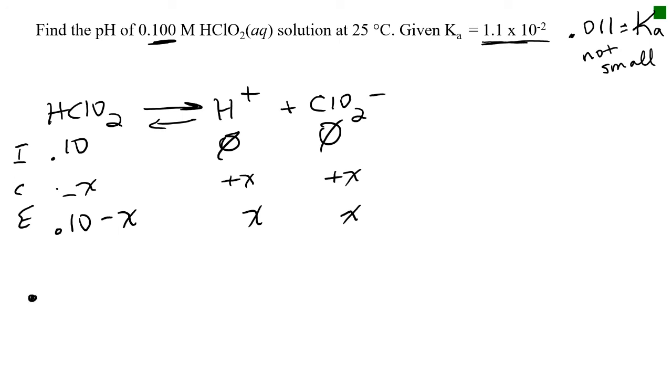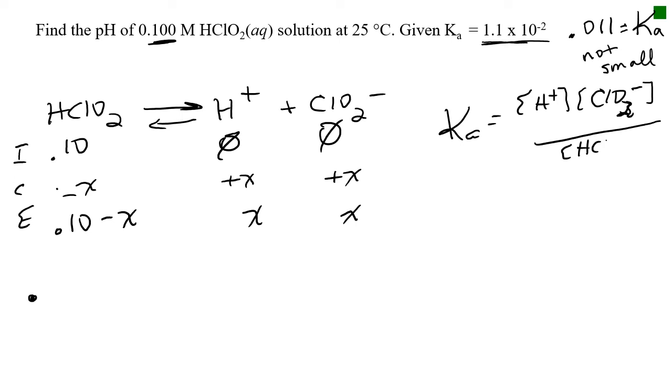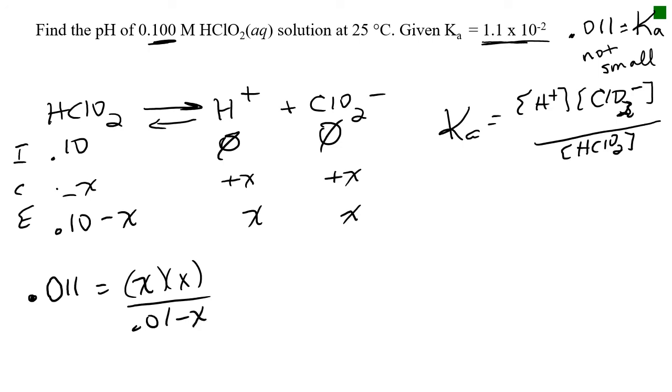Plugging this into our Ka, because we know our Ka is going to equal the concentration of our H plus multiplied by the concentration of the conjugate base, ClO2 minus, divided by HClO2. And that's going to be 0.011 is equal to X times X over 0.10 minus X, this value right here.